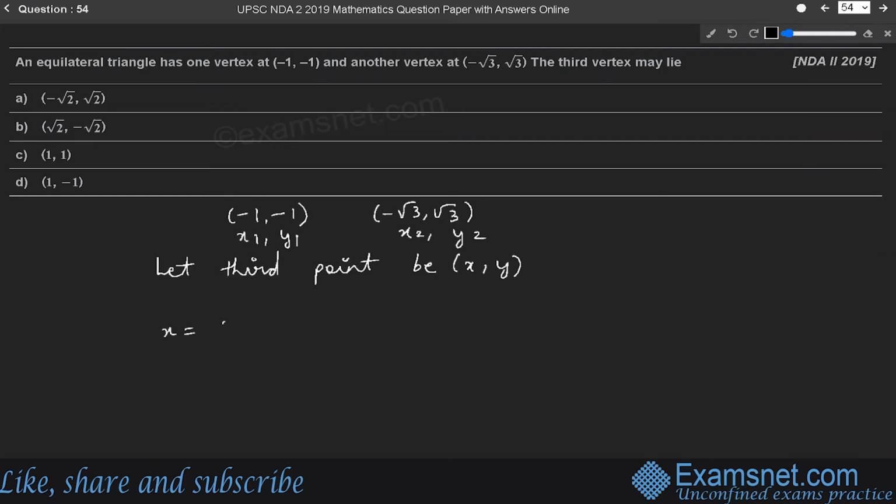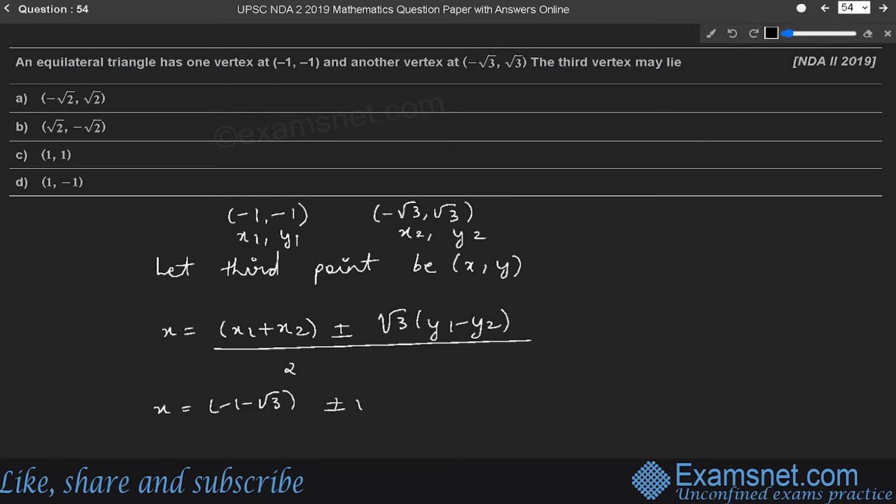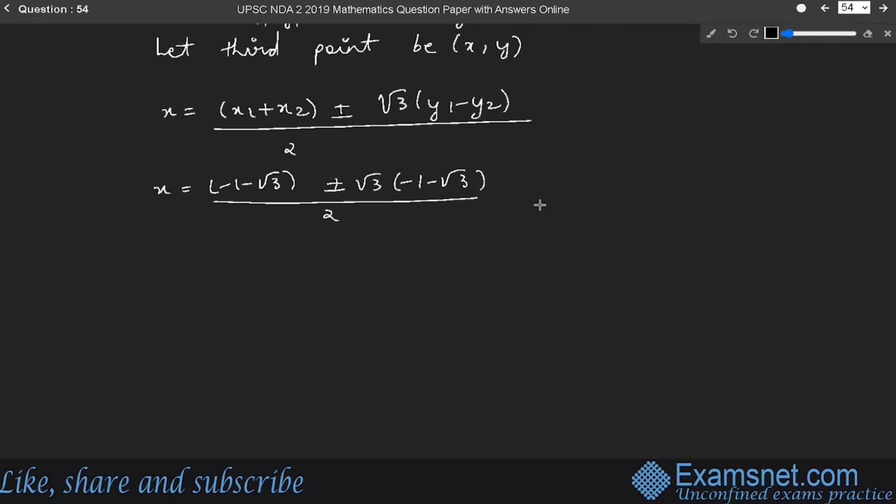So x will be equal to (x1 plus x2 plus or minus √3 into (y1 minus y2)) whole divided by 2. So x will be equal to (-1 minus √3 plus or minus √3 into (-1 minus √3)) divided by 2. So x will be equal to (-1 minus √3 plus √3 plus 3) divided by 2, which is equal to 2 by 2. Therefore, we can say that x is equal to 1.